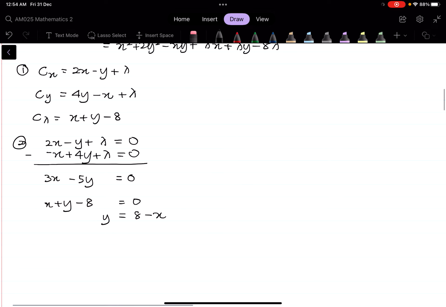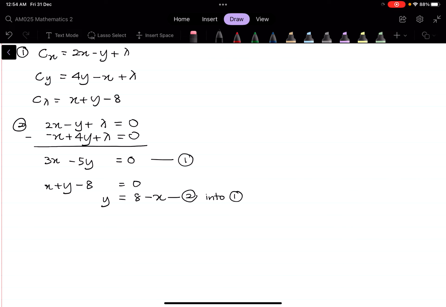What I'm going to do next is substitute. Let's say this is the first equation, this is the second equation. I'm going to substitute my second equation into the first equation to find the value of x.